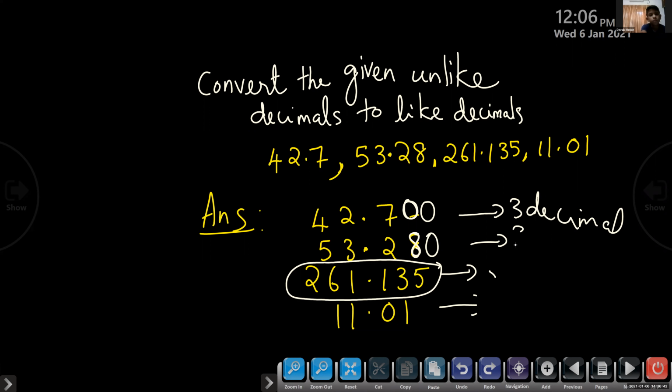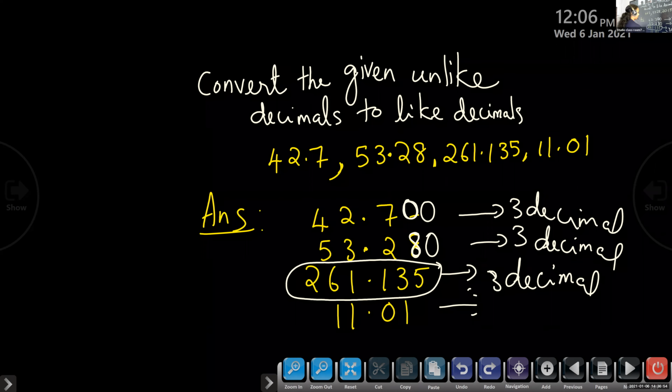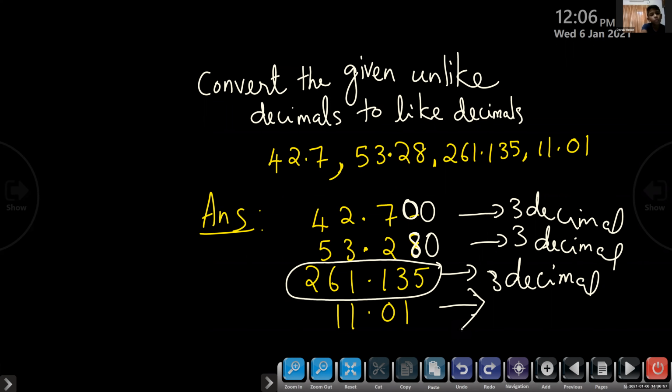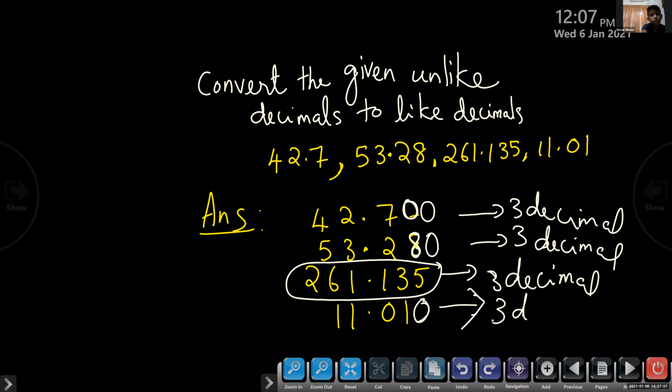So here it becomes 3 decimal places. And 261.135 already has 3 decimal places, so no need to change anything. What about the last number, 11.01? If I add one 0, it becomes 11.010. How many decimal places together here? 3.